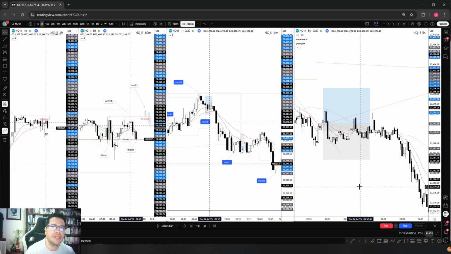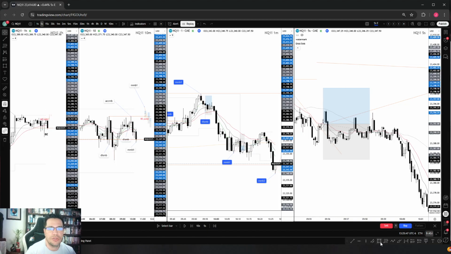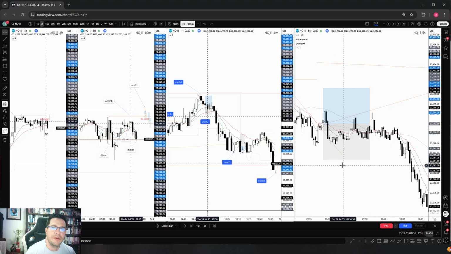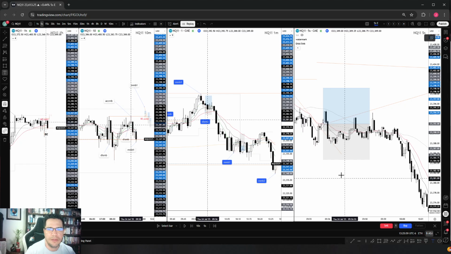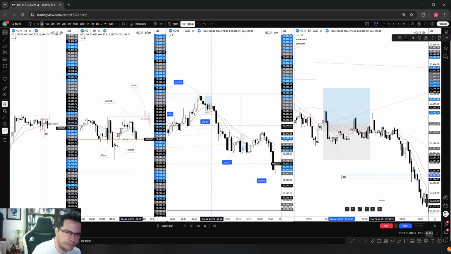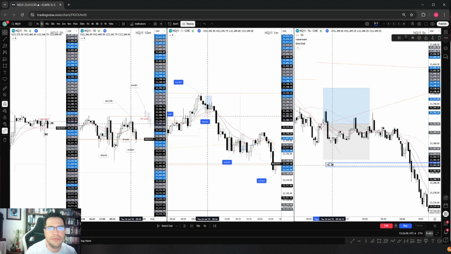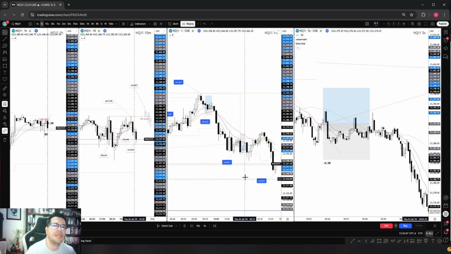So this is a trade again that I took. So this would have been around a minus 0.3 R for me. Should have been a break even again, but well, this is what actually happened.